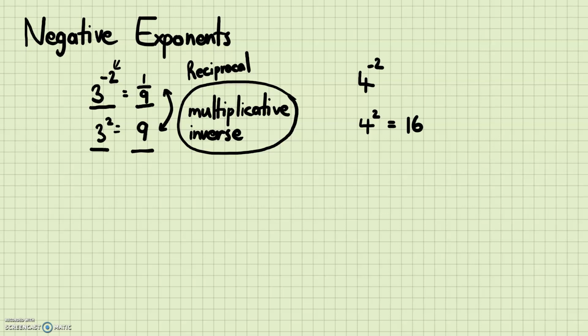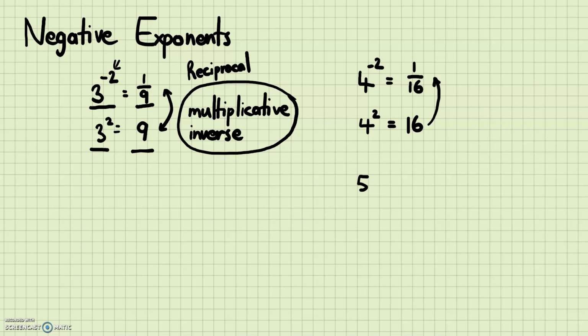But since it's a negative 2, you have to think of the reciprocal or the multiplicative inverse of 16. And what is the multiplicative inverse of 16? The reciprocal of 16 would be 1/16. Right, so 4 to the negative 2 would be 1/16, not 16.